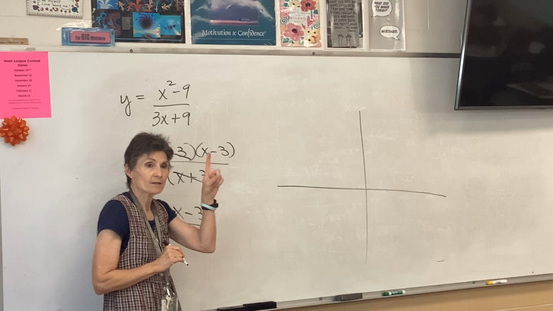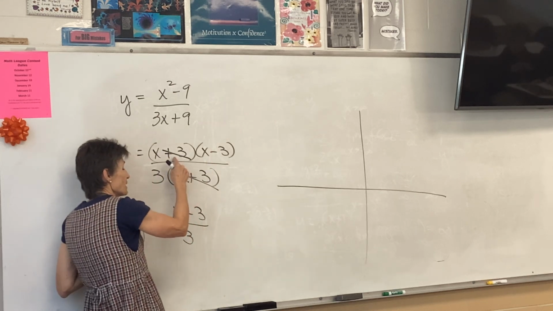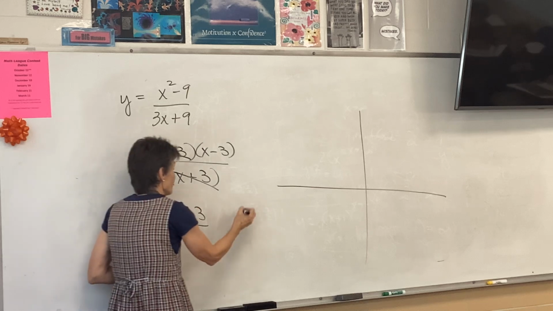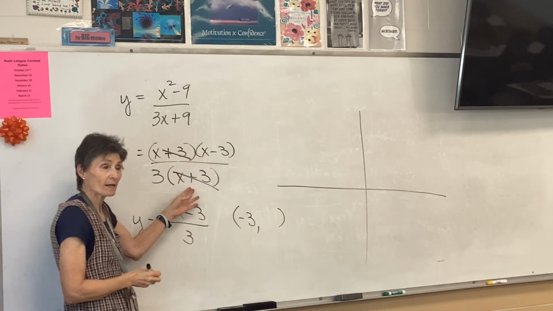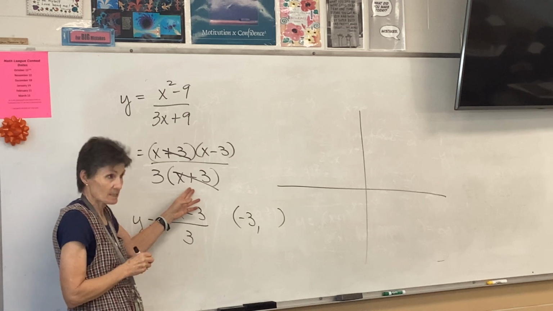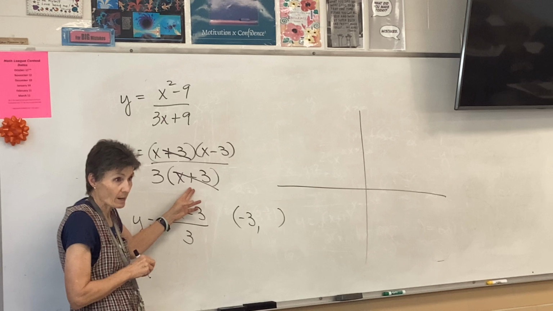First, figure out where that is. The factor that canceled out provides our x coordinate. Since we canceled x plus 3, we're going to have a hole at x equals -3, right?